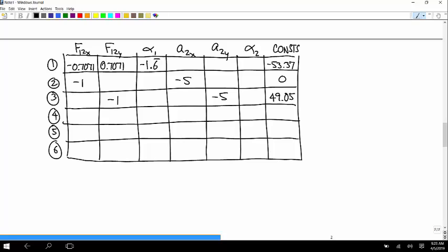Equation 4: F12X is negative 0.3535, F12Y is negative 0.3535, alpha 2 is negative 0.416 repeating. The constant is 0.